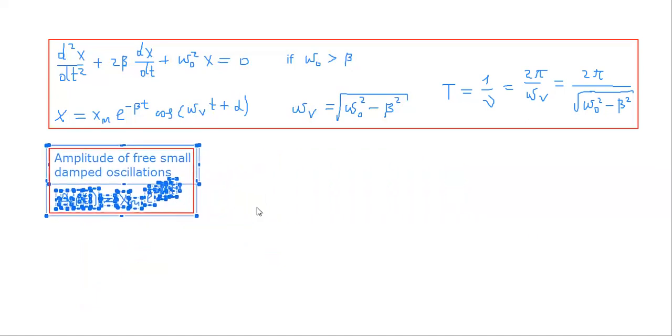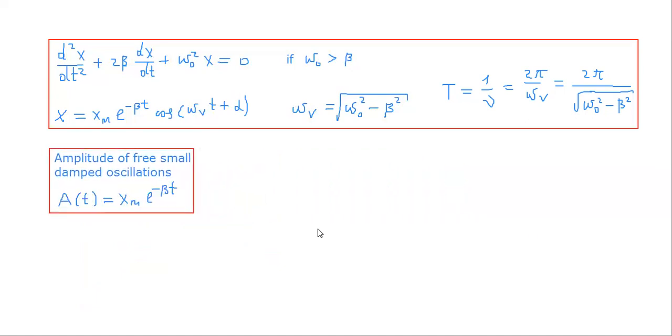We can consider, we can learn one characteristic of damped oscillations.